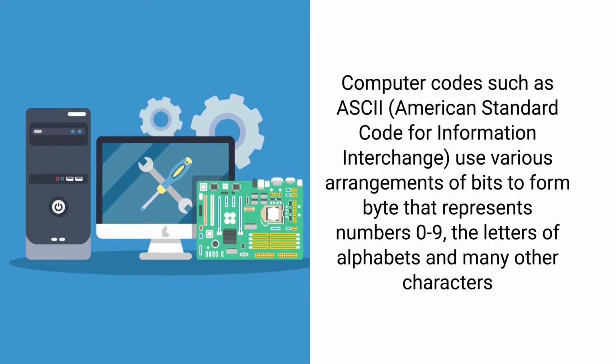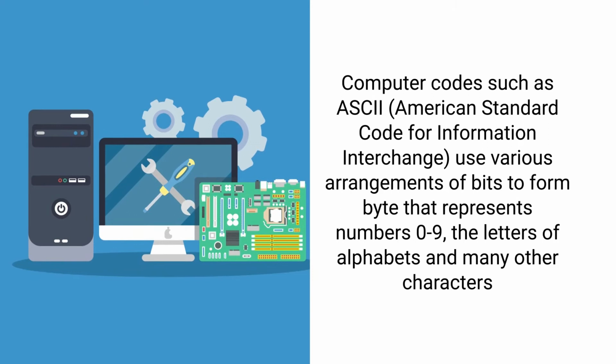But at any point of time, these two states alone cannot define all the characters and numbers. For that reason, computer codes such as ASCII, the American Standard Code for Information Interchange, use various arrangements of these bits to represent different number systems, letters and alphabets.